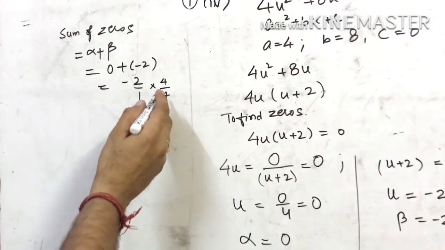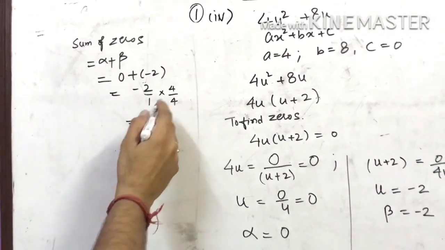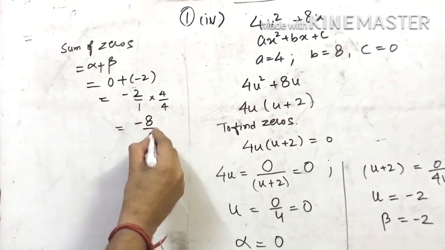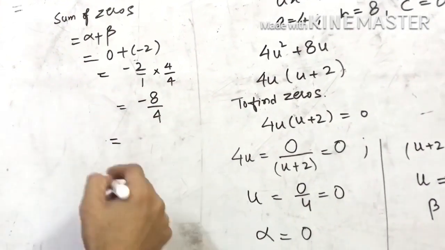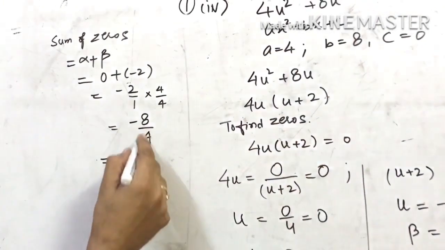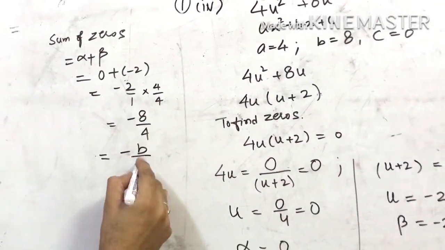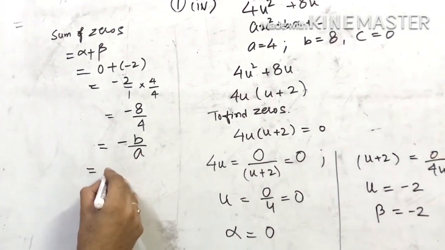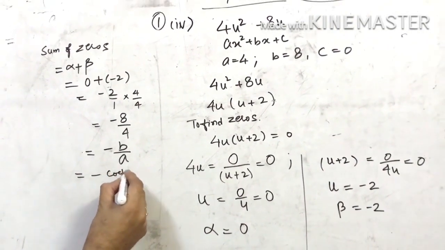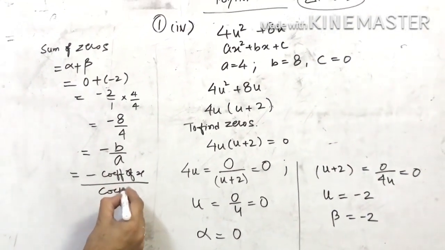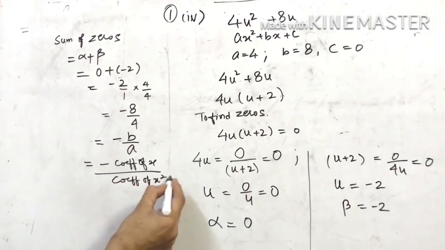It will not change the value, but you will have an equivalent fraction, so that will be minus 8 by 4. Now you can see it is minus and plus 8 is b. You can write b in place of 8, and in place of 4 you have a, so that is minus coefficient of x divided by coefficient of x square.